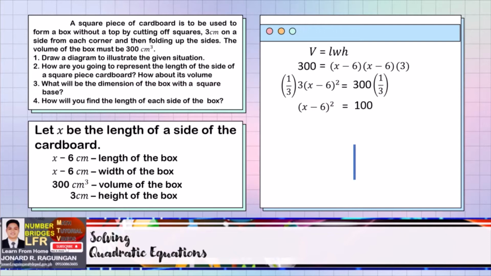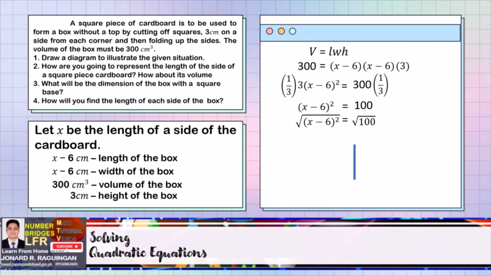Simplify the given expression by extracting the square root of both sides. We have the square root of (x minus 6) raised to 2 is equal to the square root of 100.